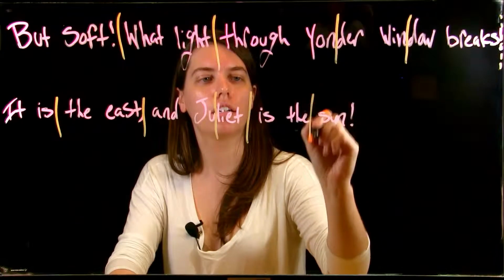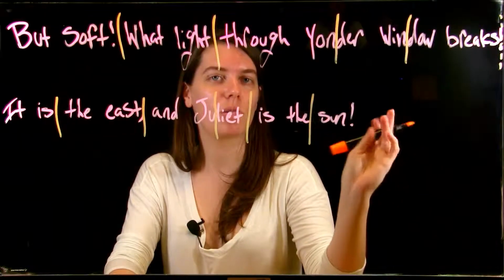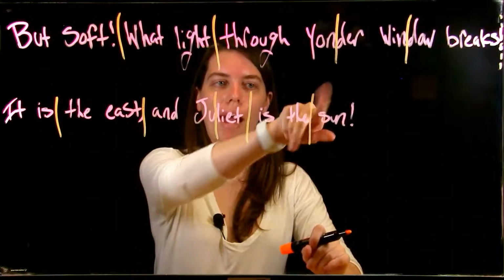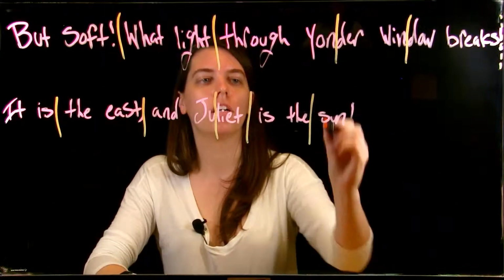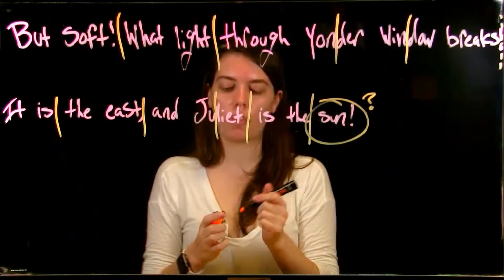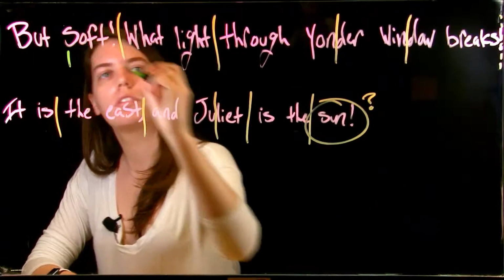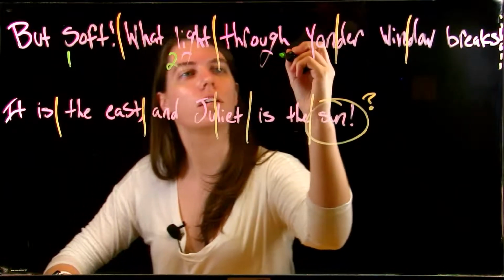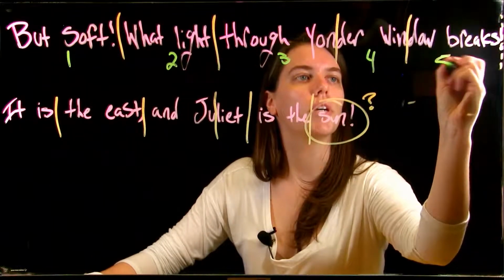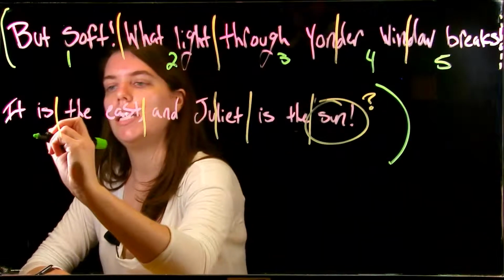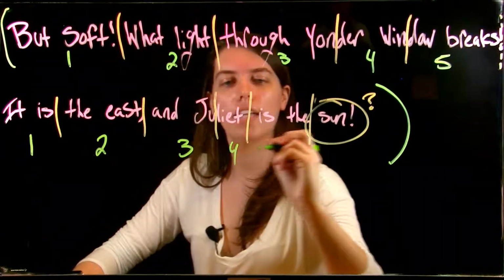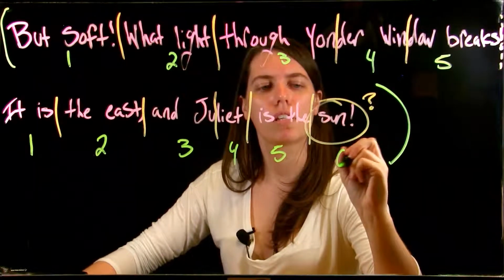is the sun." So here's where we've run into something a little funny. Let's count it out, and we'll come back to this one over here that we're unsure about. "But soft, what light, through yonder window breaks." So let's count our second line: "It is the east, and Juliet is the sun."